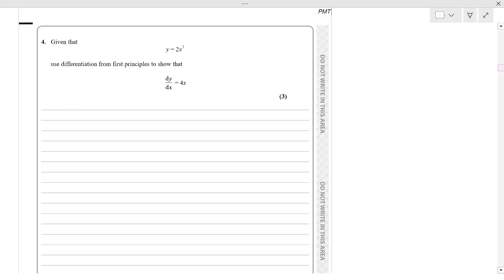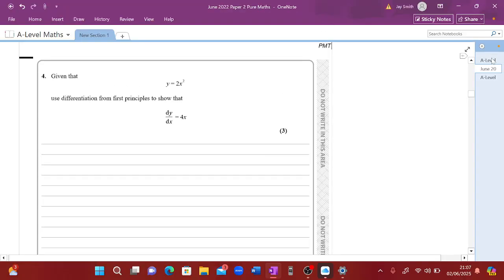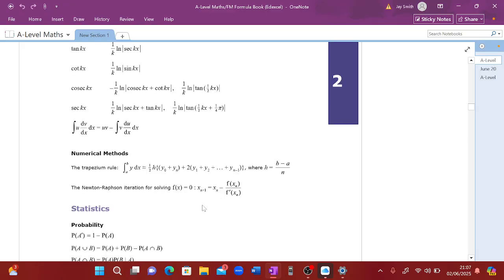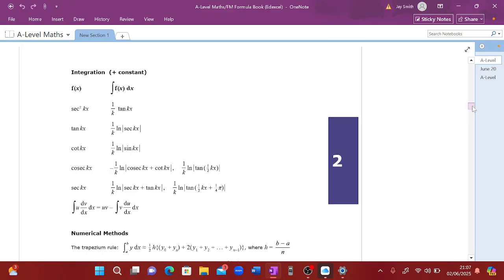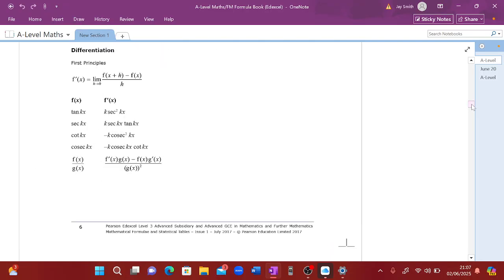So this is proof by first principles, which you should be very familiar with by now. Essentially, you just need to say, well, by first principles. This is in the formula book actually. It's in the differentiation section. There we are.